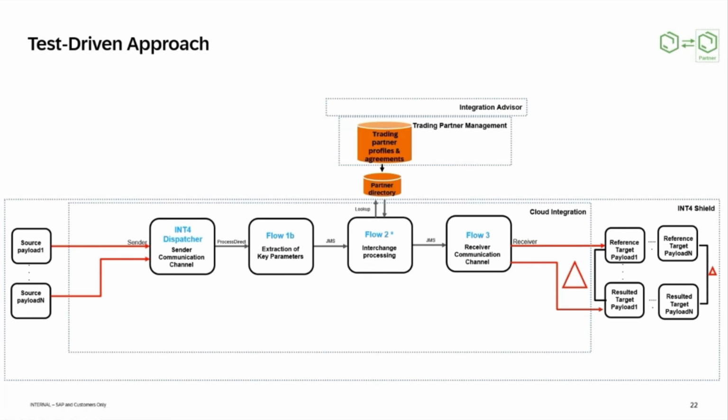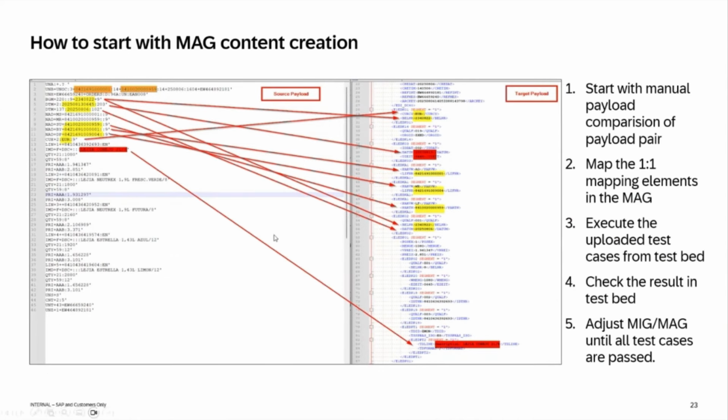So now you may ask, okay, how to start with the MAC content creation? I have the payloads, everything, but how should I start? So I usually do it like this. I have the source and target payload. I copy them in my notepad, having them both side by side. Here you see on the left side the source payload, and on the right side the target payload.